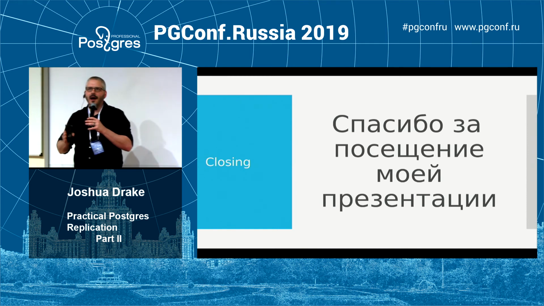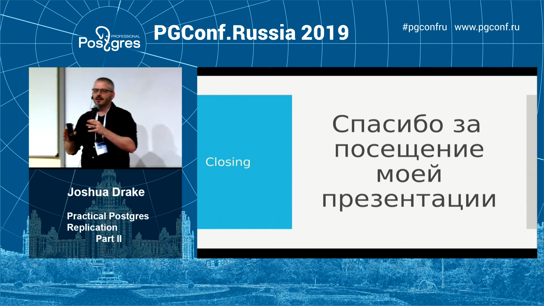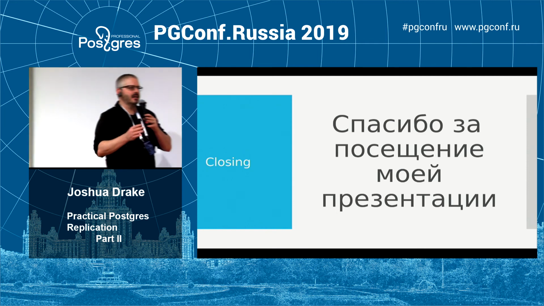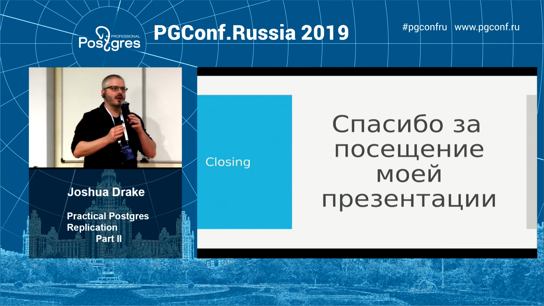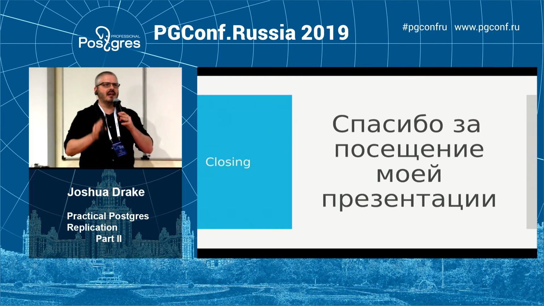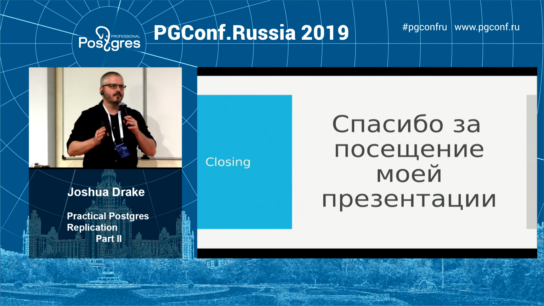You would have to demote the primary and turn it into a secondary, but you don't have a situation where applications are trying to figure out where to connect and data is being updated in different places.